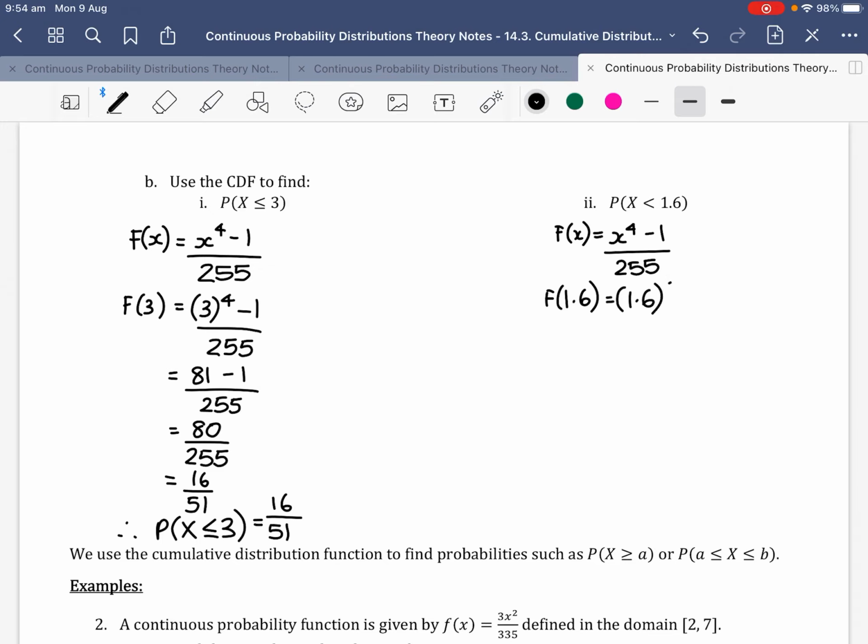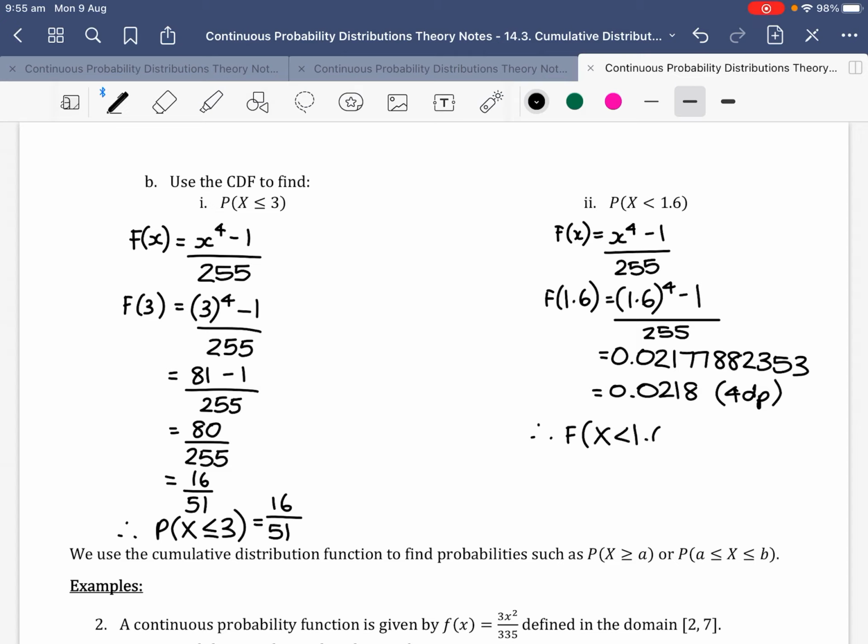So it'll be 1.6 to the power of 4 minus 1 over 255. 1.6 to the power of 4 minus 1 over 255 gives us the answer of 0.0218 to 4 decimal places.